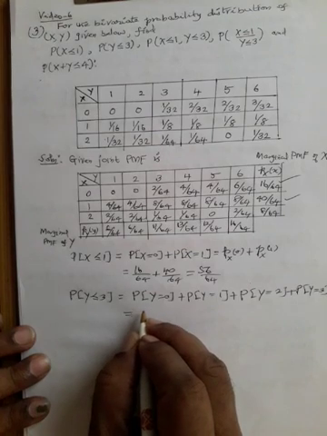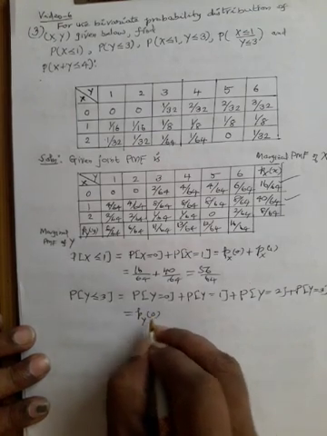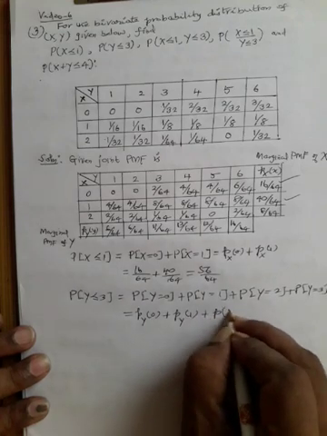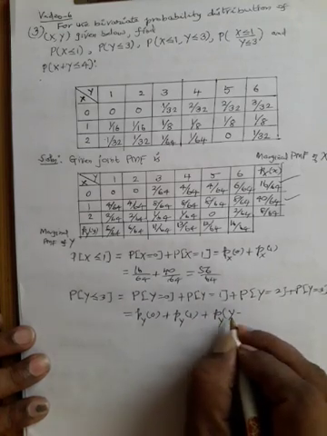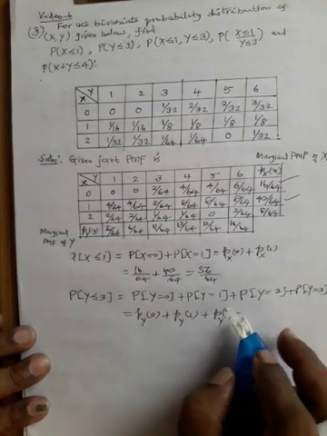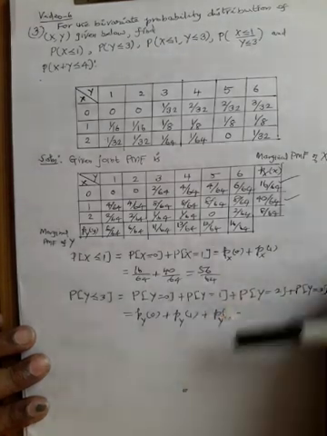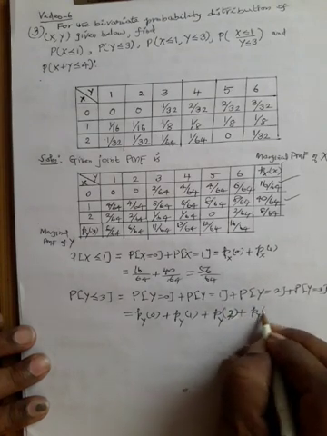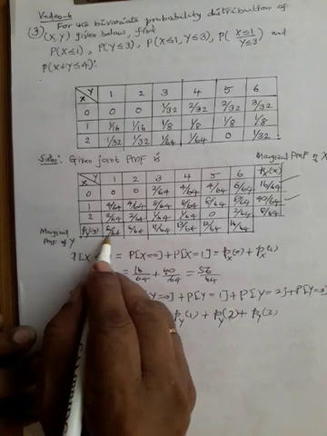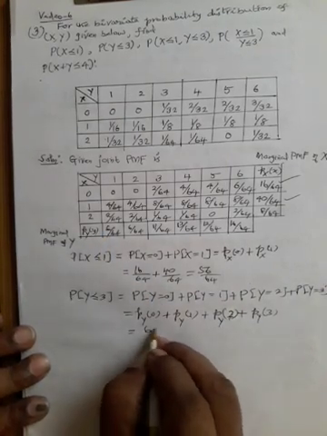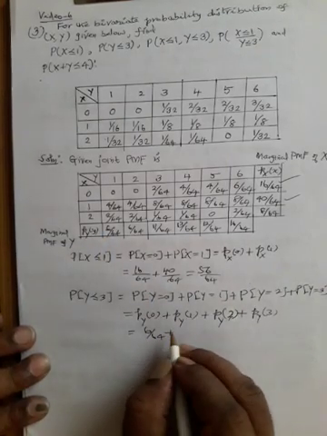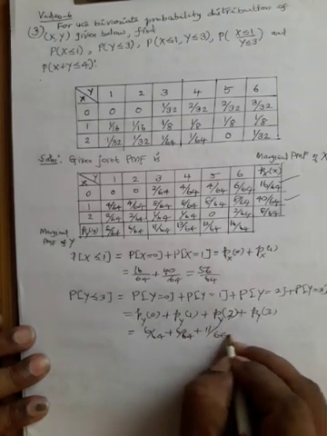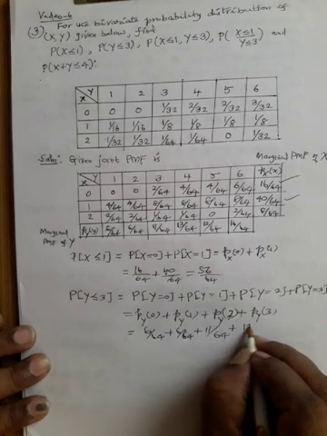That is Py of 0 plus Py of 1 plus Py of 2 plus Py of 3, the marginal PMFs. Py of y is here, 6 by 64 plus another 6 by 64 plus 11 by 64 plus 13 by 64.